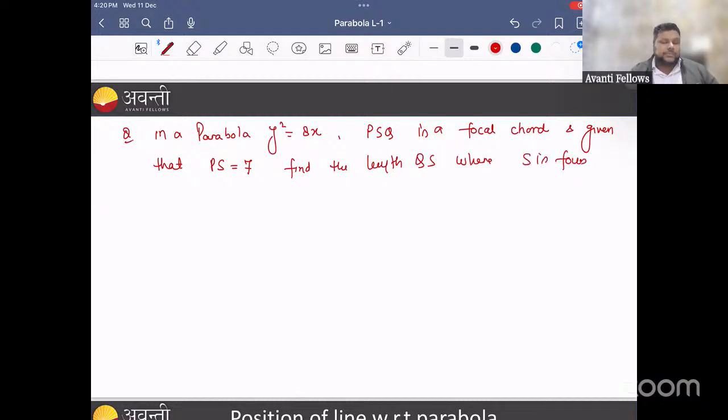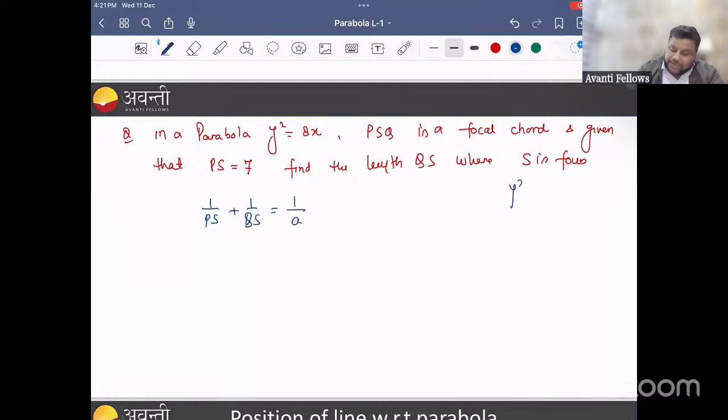Yes, do it. Give it a try quickly. Just use the property which I told you right now. Segments of the focal chord have semilatus rectum as harmonic mean. That means 1 by PS plus 1 by QS is 1 by a.